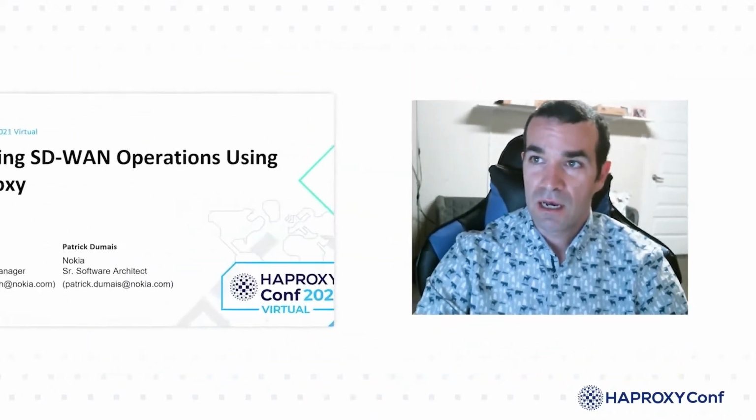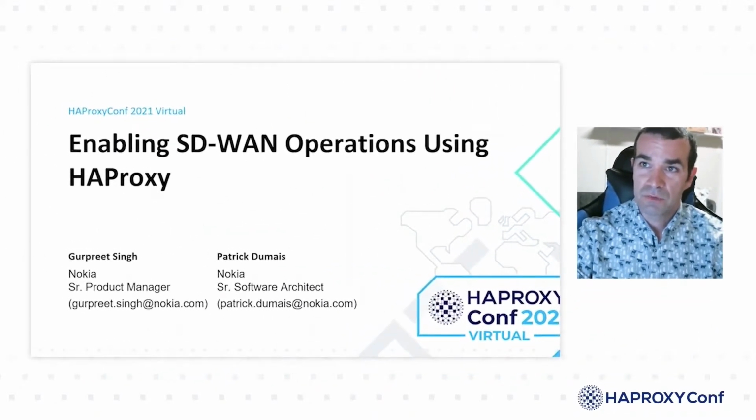Hello, everyone. I'm Patrick. I'm a software architect at Nokia. I've been with the company for 5 years now. I've created the architecture of the Nuage utility host, which is the software that we're going to be talking about during this presentation. And I was responsible for comparing HAProxy with other software and the process of choosing the right proxy server in our application.